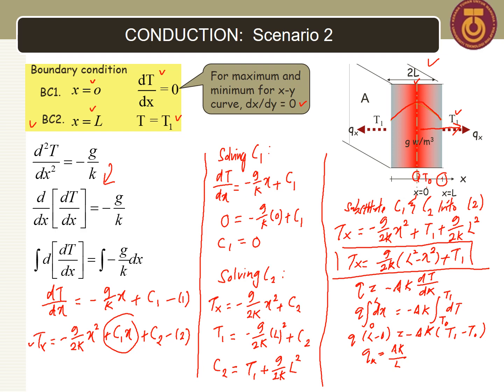We want to get rid of the negative sign, so we change the position between these two: T0 minus T1. You can even continue to make it in the form of T0 minus T1 divided by L over A k, so that it becomes driving force divided by resistance. Okay, done.